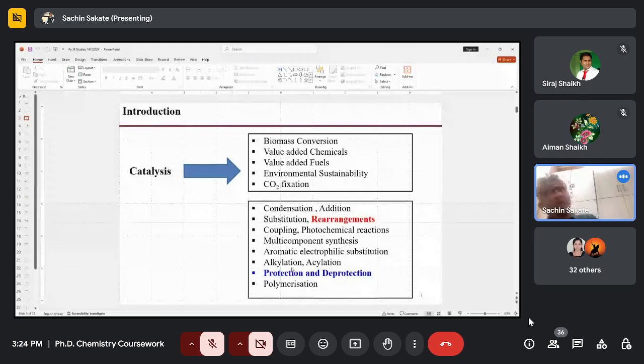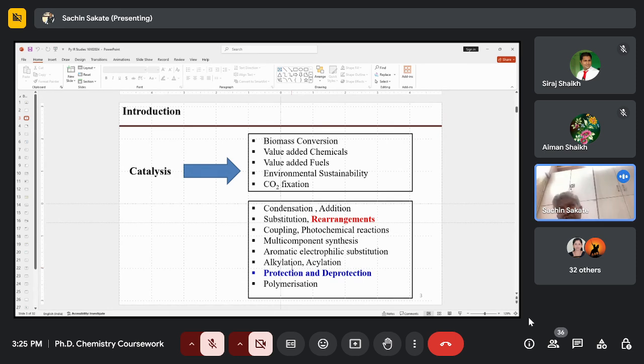This is a hot topic nowadays. Biomass conversion means converting directly from the biomass into some value-added chemicals or value-added fuels.